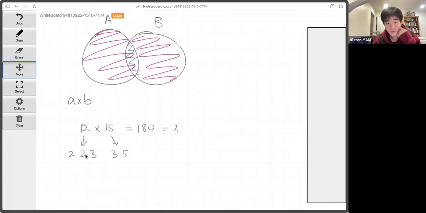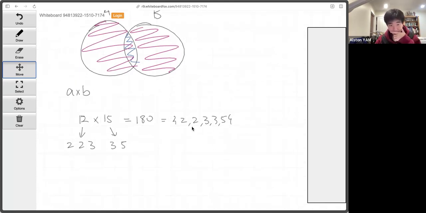If we have 12 times 15, that will be 2, 2, 3, and 15 is 3, 5. That will be 180. And the set will just be 2, 2, 3, 3, 5. All right. We can probably check the prime factorization of 180, but I'm pretty confident that this is the set.